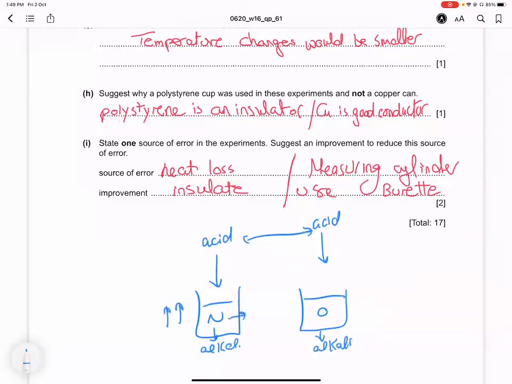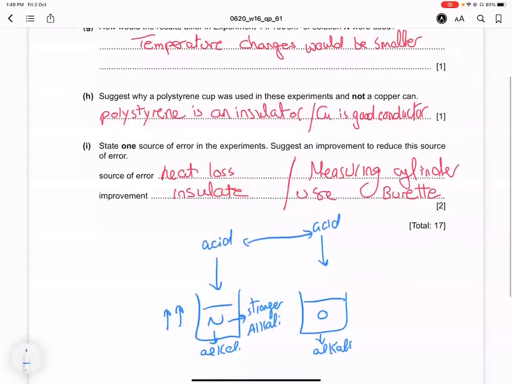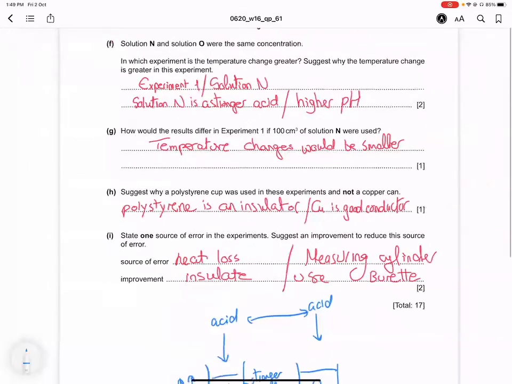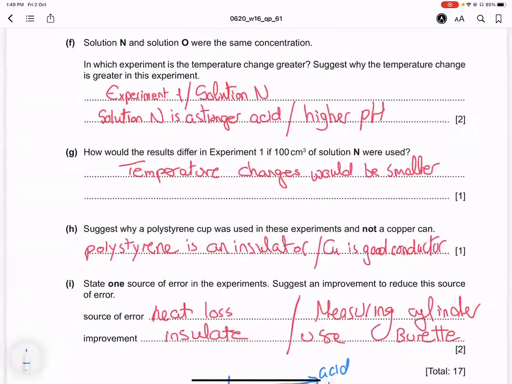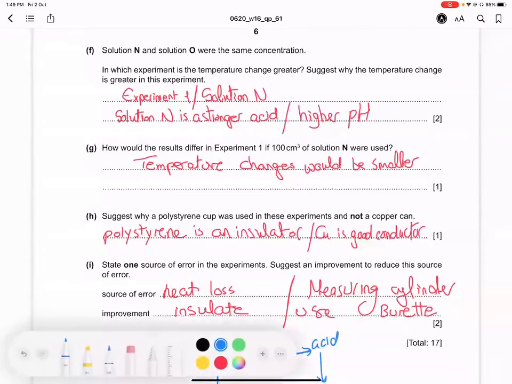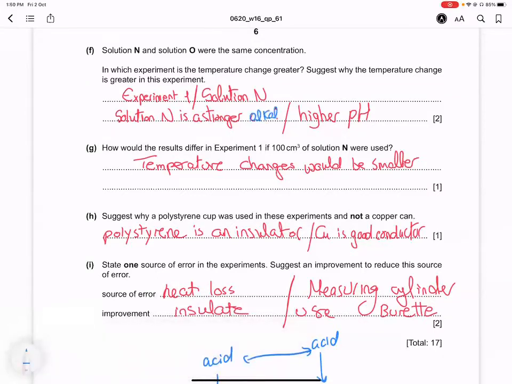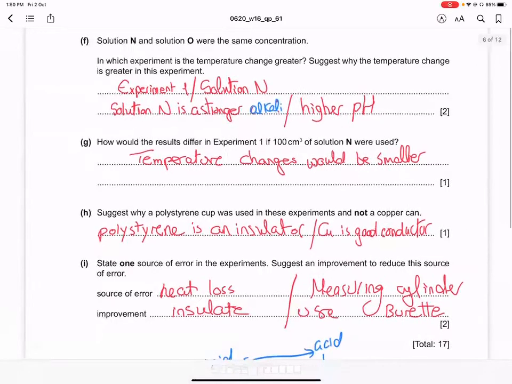The only reason is that solution N is a stronger alkali. Why did it make a more vigorous reaction and a higher temperature change? It's a stronger alkali, or it has a higher pH. Higher pH is another way of saying it's a stronger alkali.